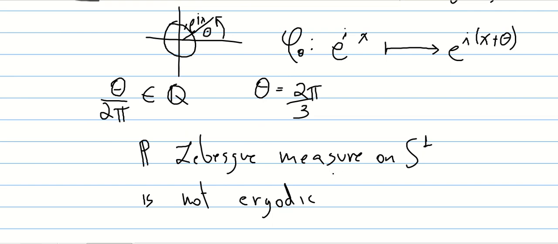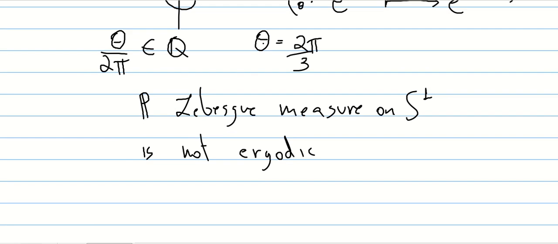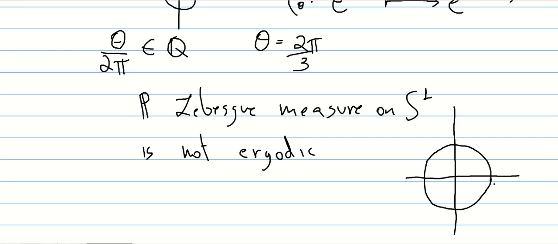So let's try to give an intuition of what's going on here. Let's take the example theta is 2 pi over 3. So we have here the circle, and phi is going to send this point to this point.